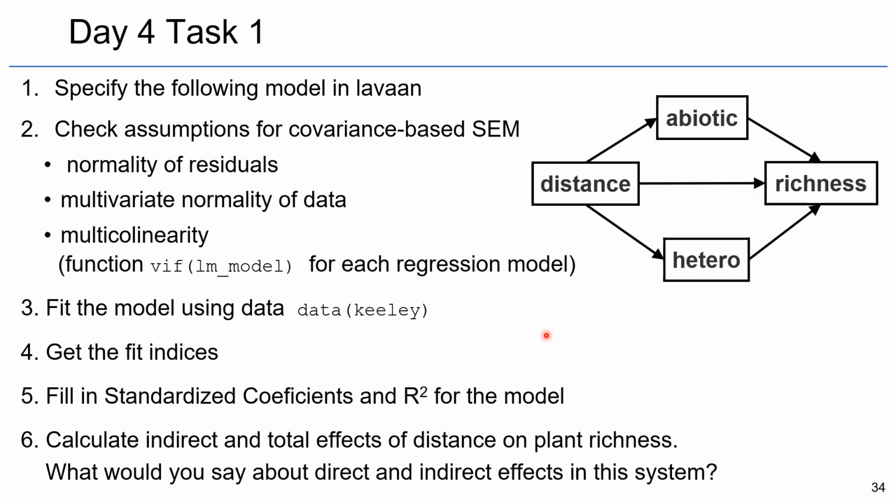Then you have to fit the model using the data, and get the fit indices. Also, get the standardized coefficients and R-square coefficients for the model, and calculate indirect and total effects of the distance on plant richness. And also think about what you would say about the direct and indirect effects in this system.